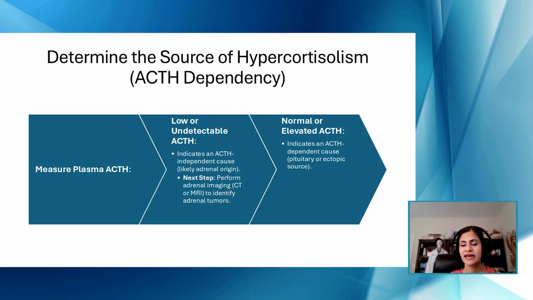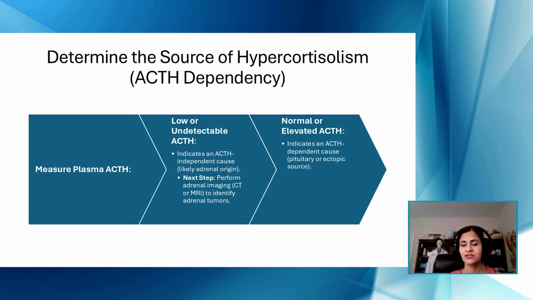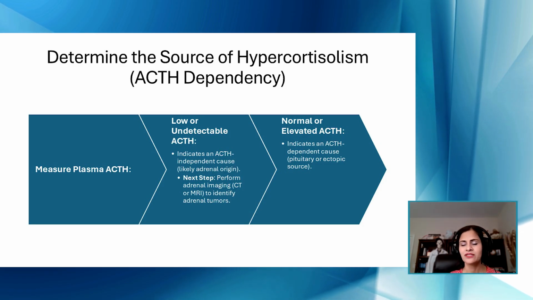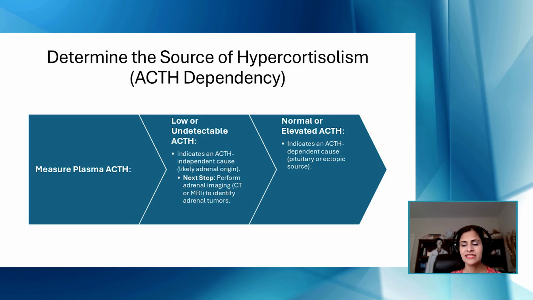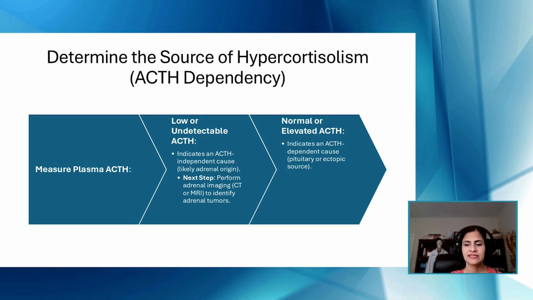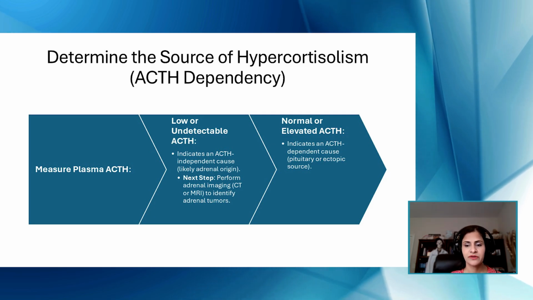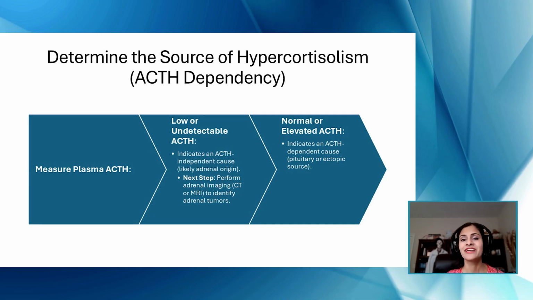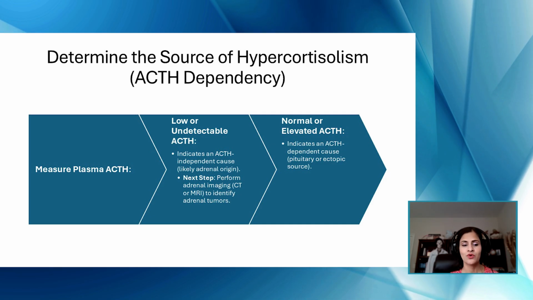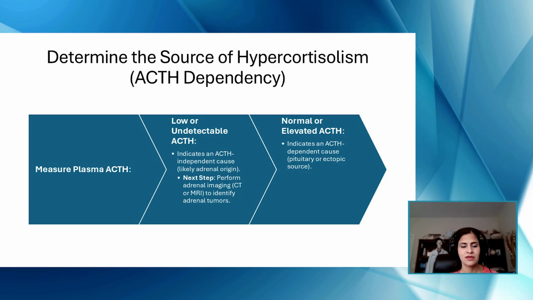The next step in that case would be to perform adrenal CT or MRI to identify an adrenal tumor. However, if you have a normal or elevated ACTH, this indicates an ACTH-dependent cause, pituitary or ectopic, and then you move to the next step, which is to differentiate between a pituitary source as well as an ectopic source of Cushing's.